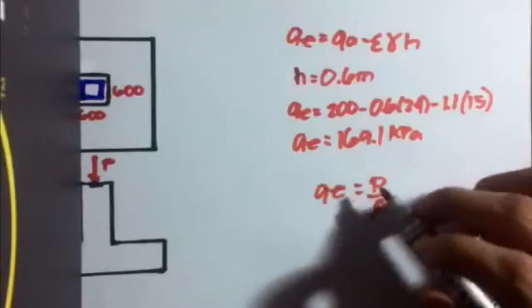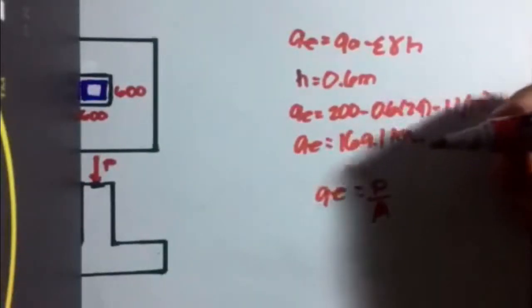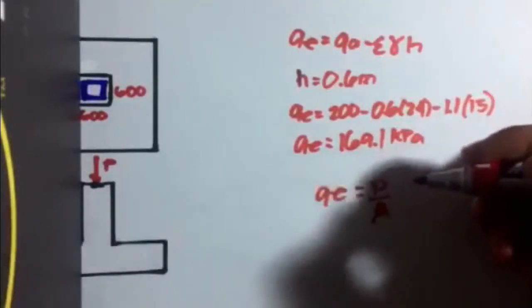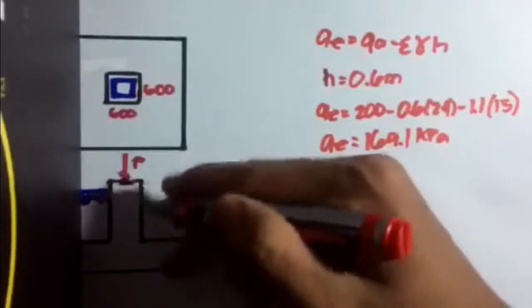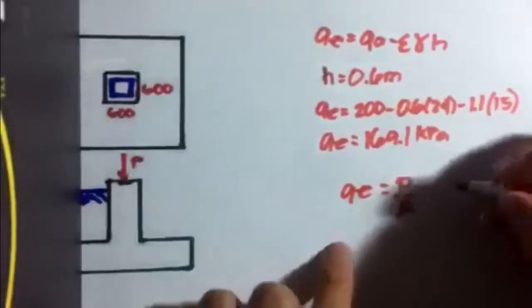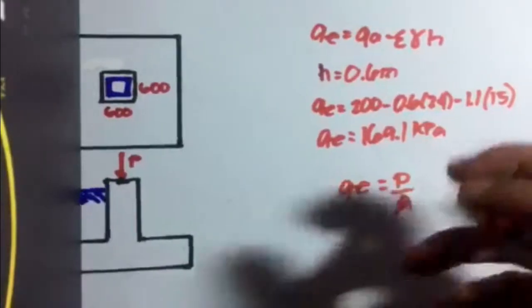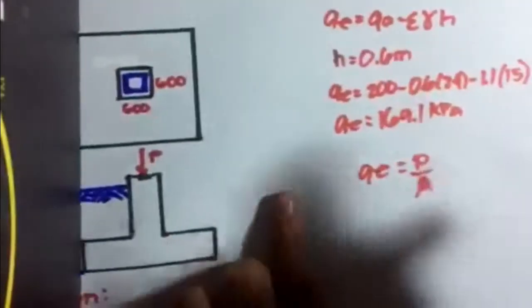Basically QE is the equivalent soil pressure we obtained earlier, with P, which is the unfactored, actual load acting upon the column, which is 1000 plus 700, and the A. Since we are asked to design a square isolated footing, the dimensions are equal for each side. So B, so it's B squared.